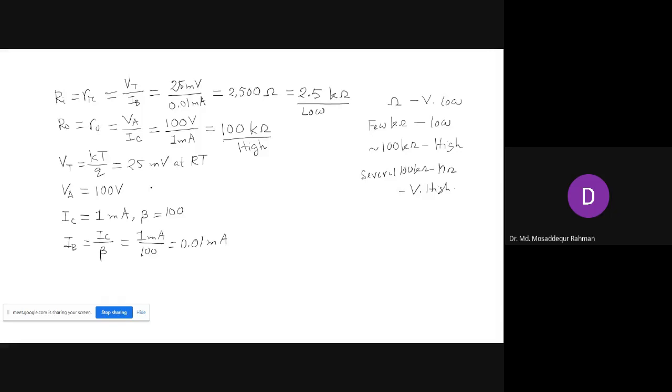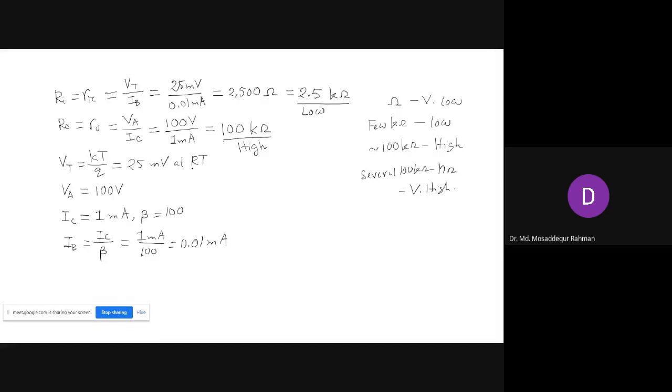Now, what is the implication of this low input resistance?